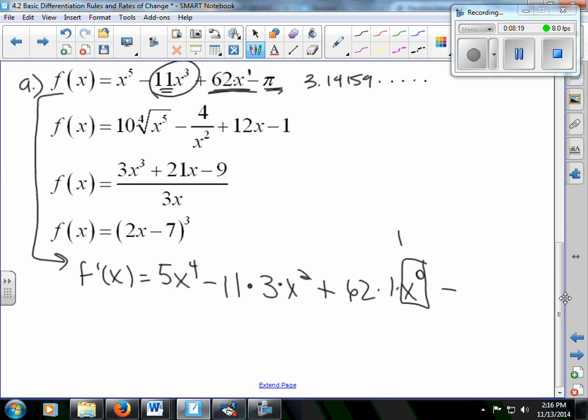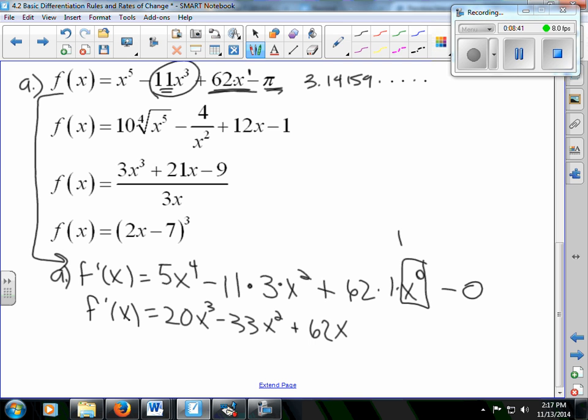But this is a constant. And so the derivative of that constant is 0. So I'm going to clean this up a little bit. So for my first example A, f prime of x equals 20x cubed minus 33x squared plus 62x.